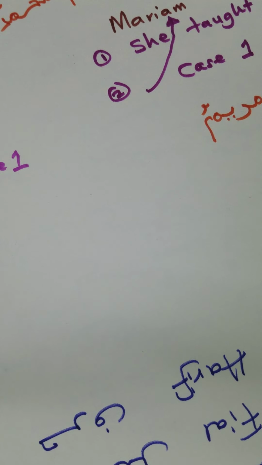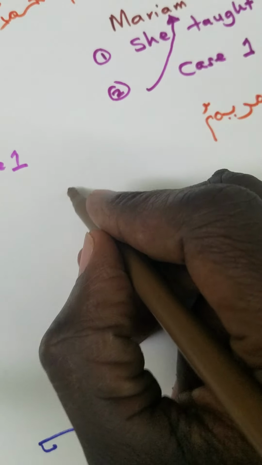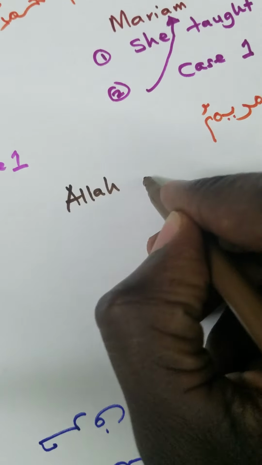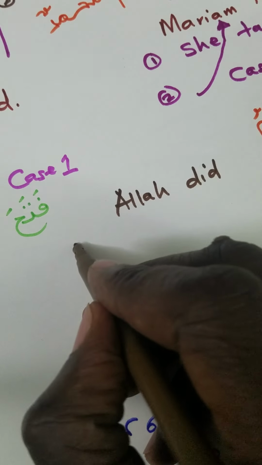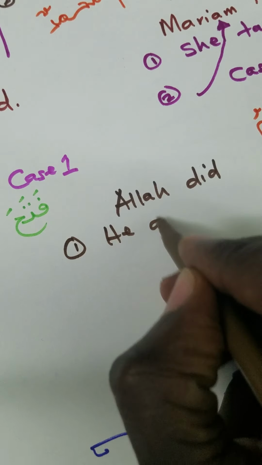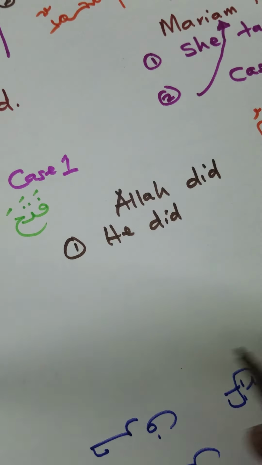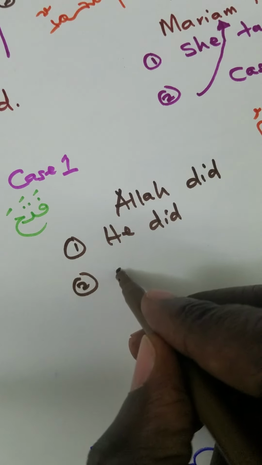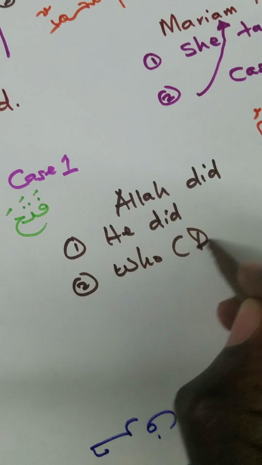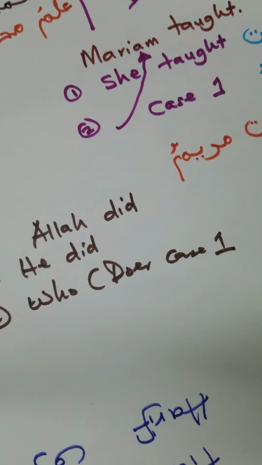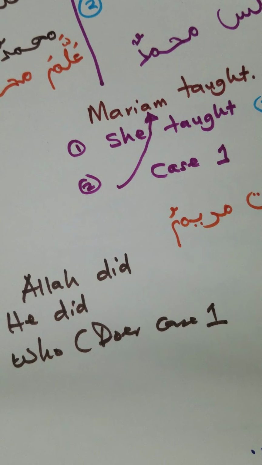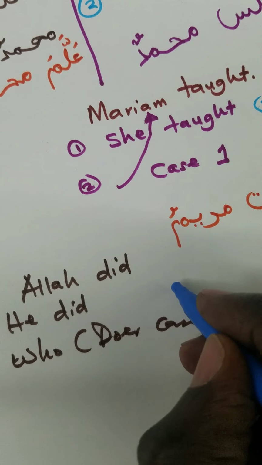We shall also have another example here as we wind up. I just want this to sink in your head. If you say Allah did, in our step-by-step approach, you'll know we say he did. Then number 2, who or doer in case 1. Okay, so he did is going to be fa'ala for Allah.